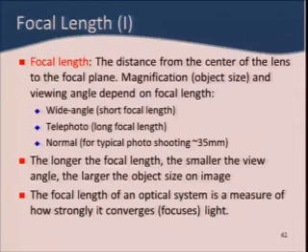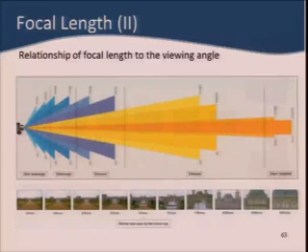Okay? So in order to demonstrate that, we have this particular slide. You can see that for this diagram, this is the focal length. The focal length is indicated on top, starting from 14 mm to 20 mm all the way to, in this case, 600 millimeter. So as you increase the focal length of the camera, your angle of view becomes more and more narrow.